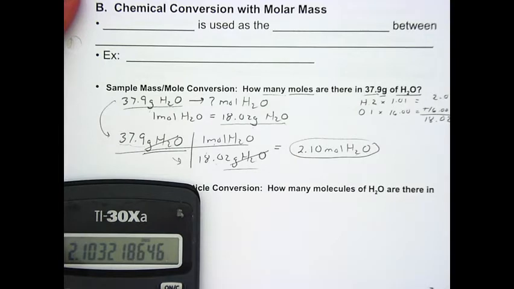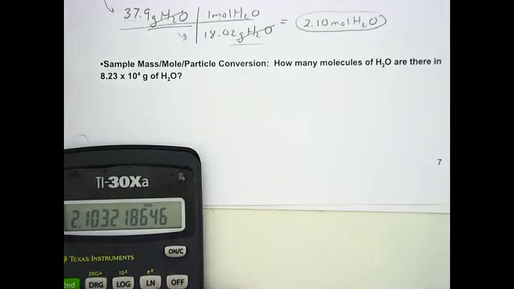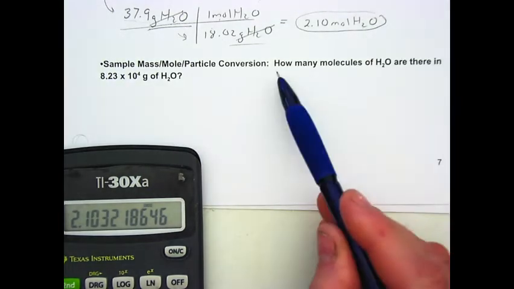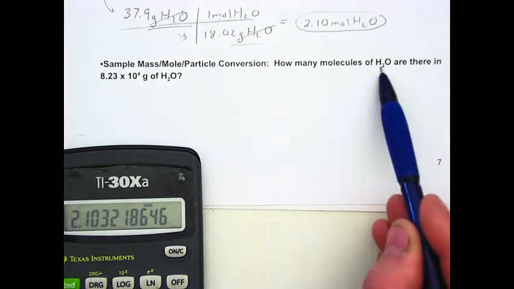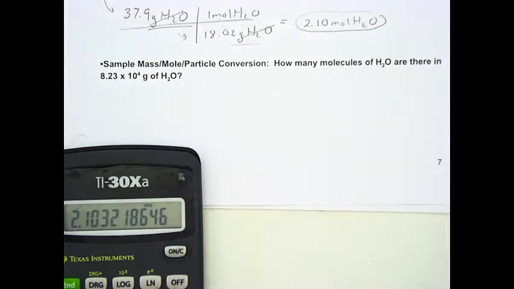That's my final answer. Now the second example involves an additional step where we also need to involve particles. The question is, how many molecules of water are there in 8.23 times 10 to the 4th grams of water?